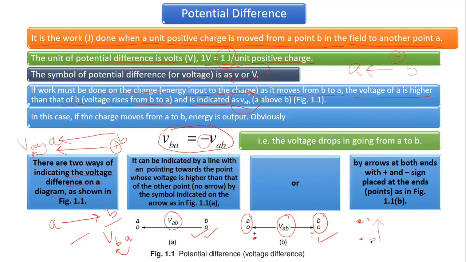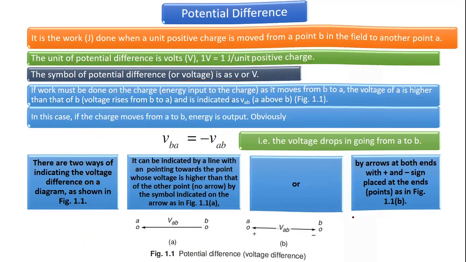It means the voltage is from B to A, so we will write VAB. B is at lower potential and A will be at higher potential. The second way is that you mention the higher potential as positive and the lower potential as negative. This is how the potential difference, or voltage, is represented.